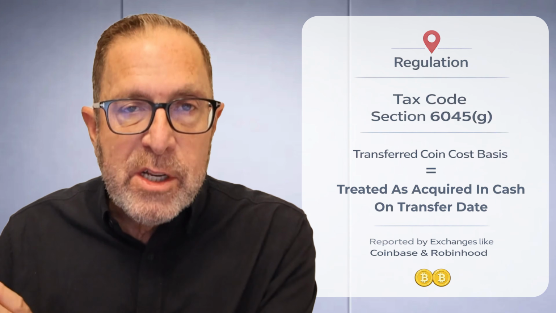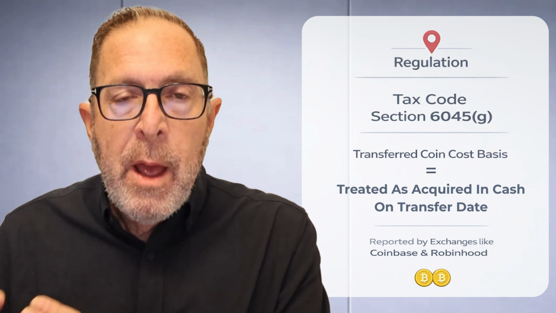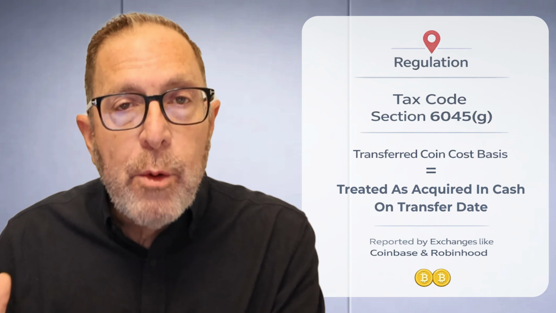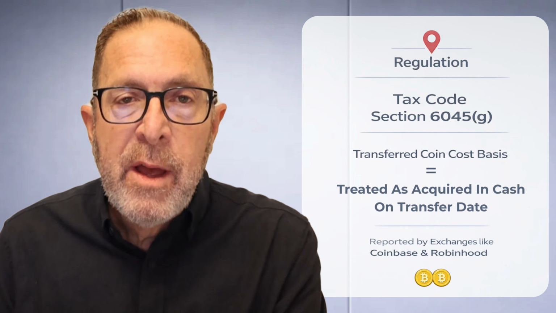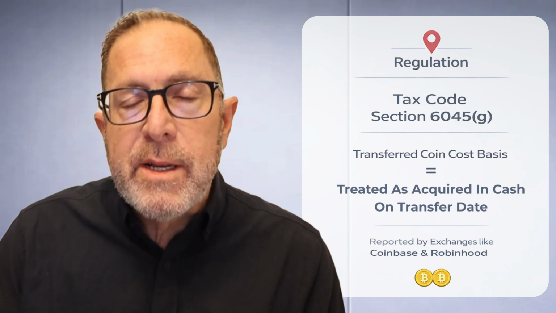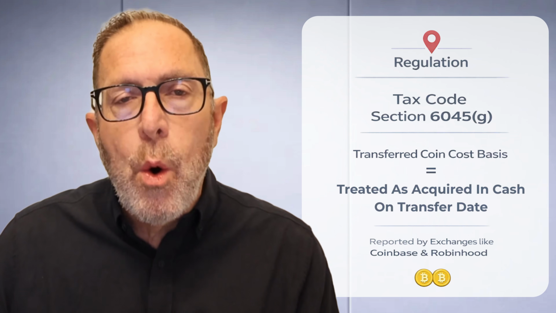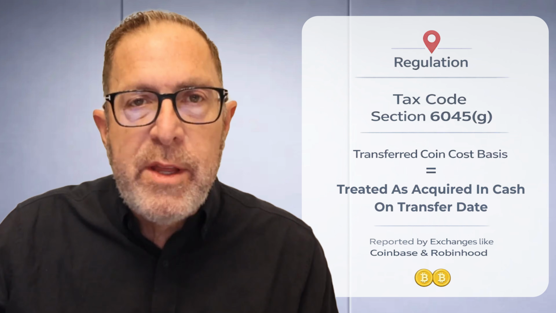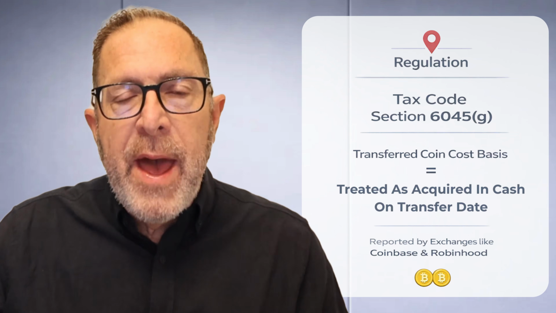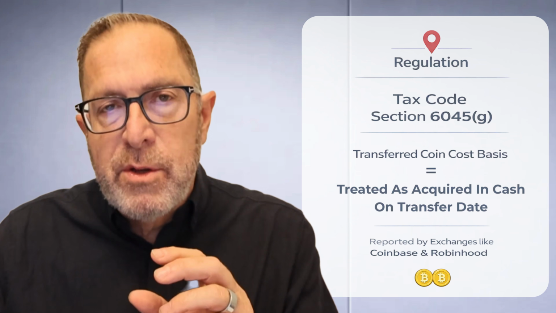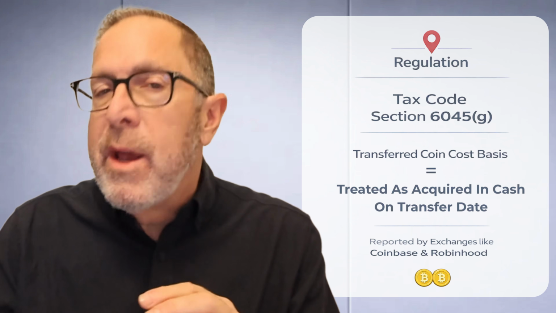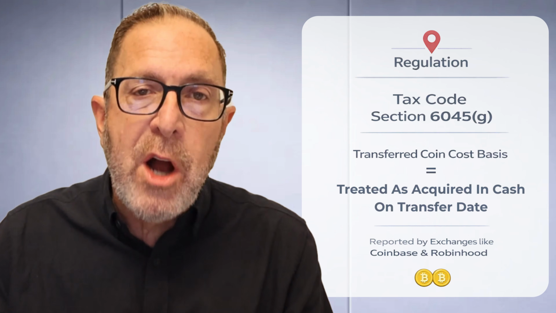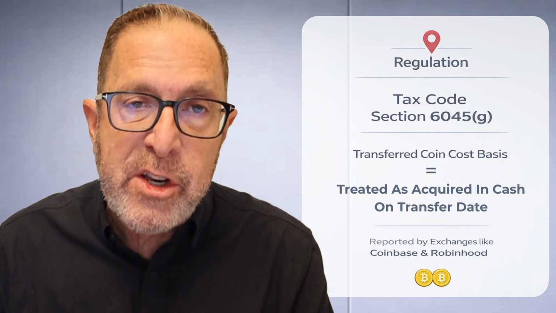But exchanges like Coinbase and Robinhood have to use the reporting regulations as stated in tax code section 6045G, which states clearly that if a coin has transferred onto the exchange, then the exchange is supposed to treat the cost basis of that coin as though it were acquired in cash on the date it was transferred into the exchange.